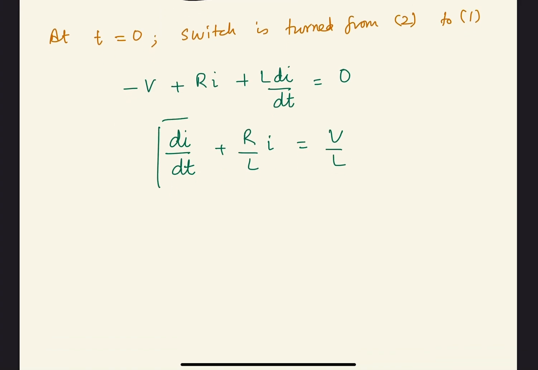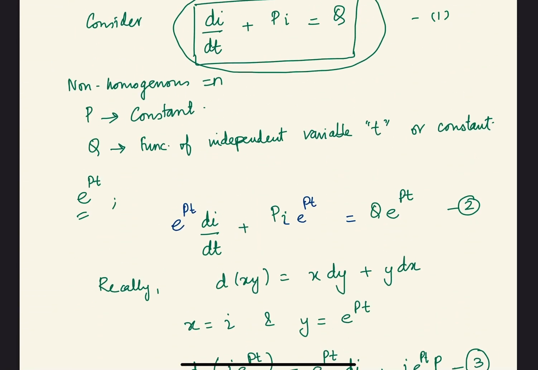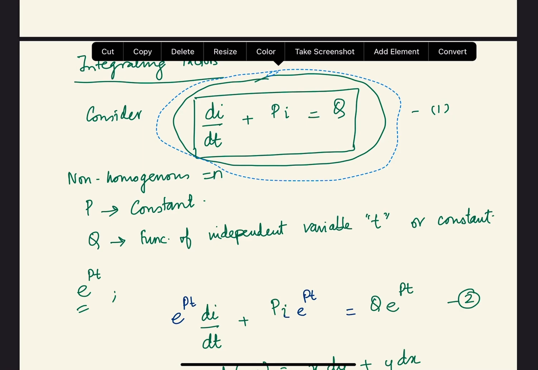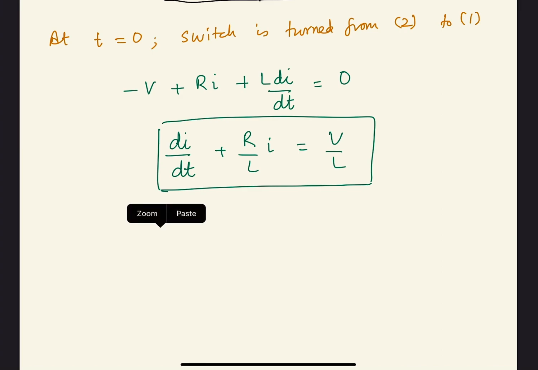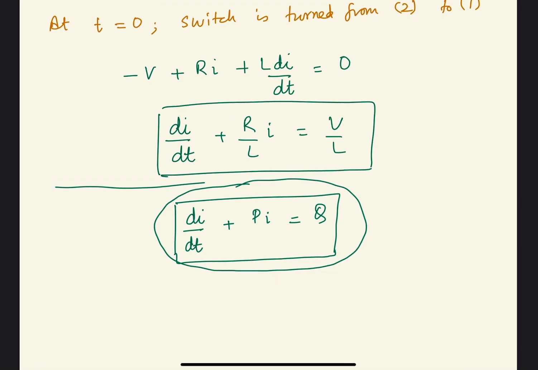Now if you compare this equation with the original equation that we had, if you go up and compare this, I'll just copy it from here. If you take a look at this expression, what do you see? You see that this term P is actually R by L. And what is Q?